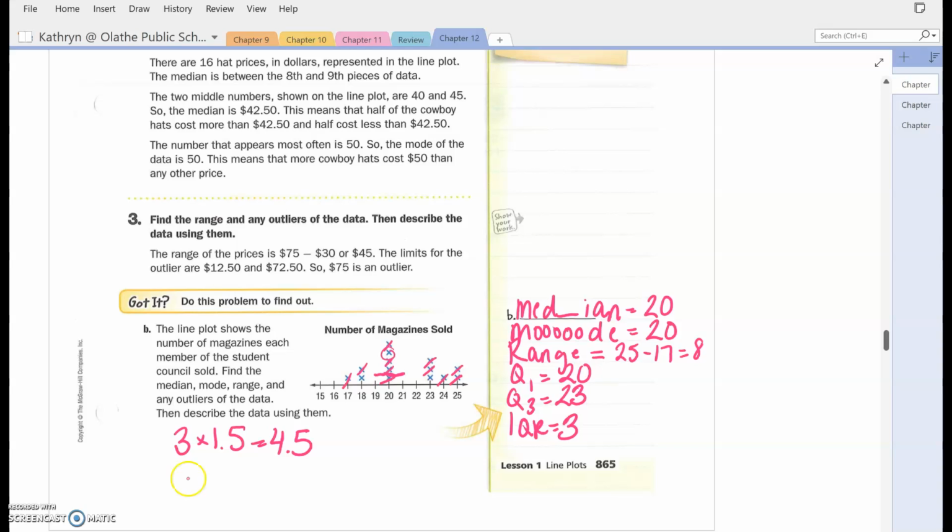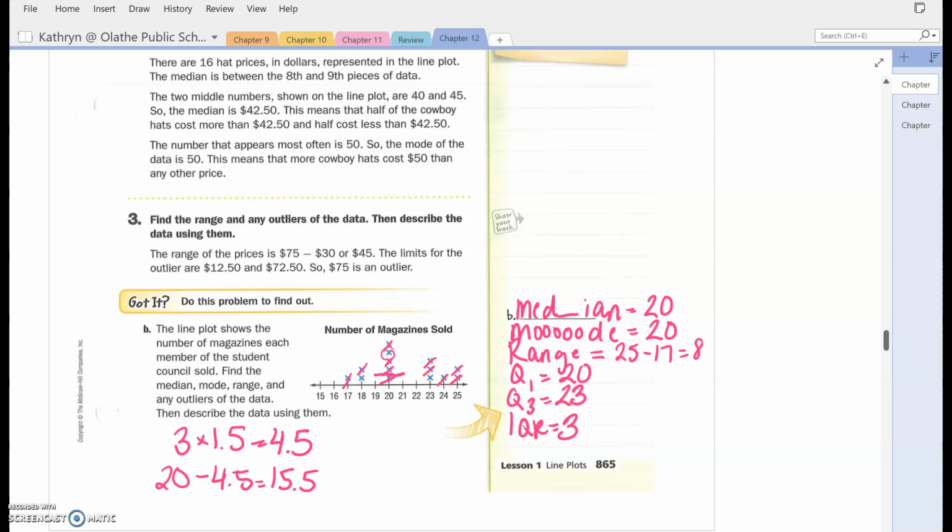Okay, so now we're going to take my 20 and we are going to subtract 4.5 from my Q1. When I take 20 minus 4.5, I get 15.5. Then I'm going to take my Q3, which is 23, plus 4.5.